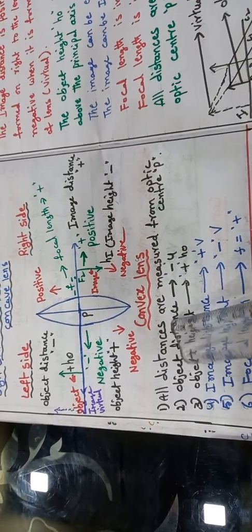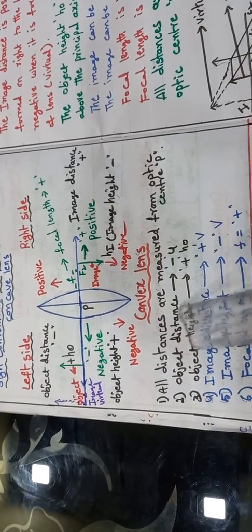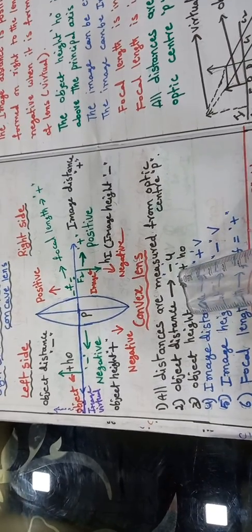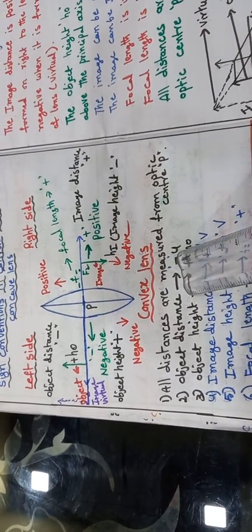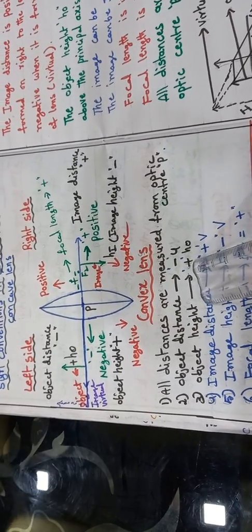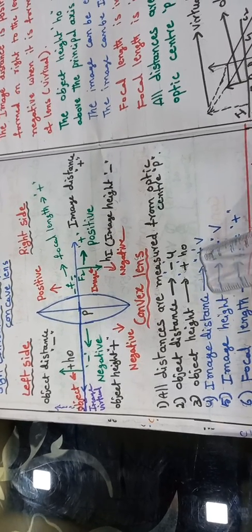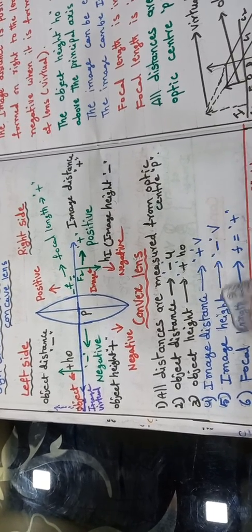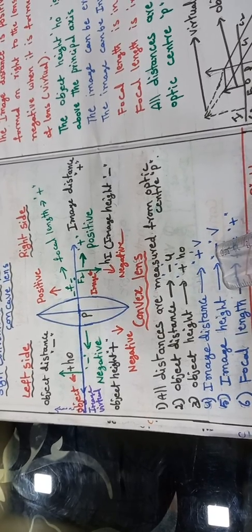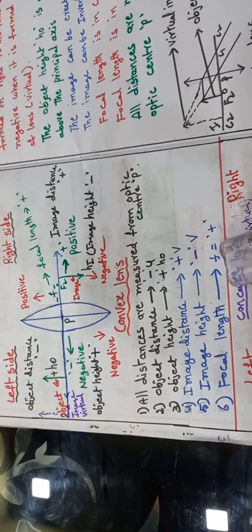So all distances are measured from optic center P. Object distance is minus u, object height plus HO, image distance plus V, image height minus HI.